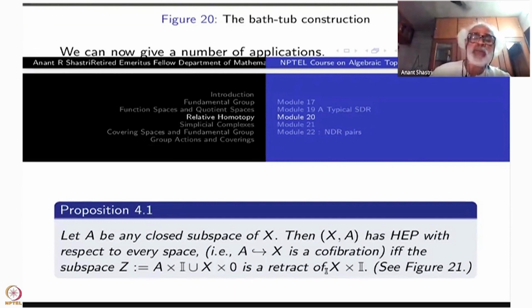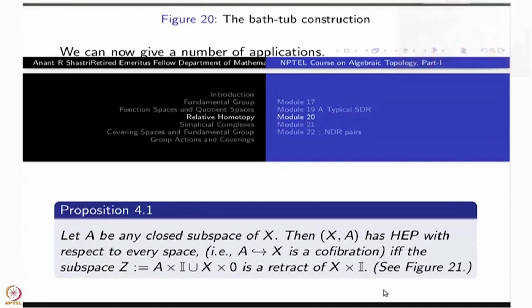That is, the inclusion map is a cofibration. So the inclusion map is a cofibration if and only if A cross I union X cross 0 is a retract of X cross I. So this is the direct application to homotopy theory of that simple construction of SDR that we have done.